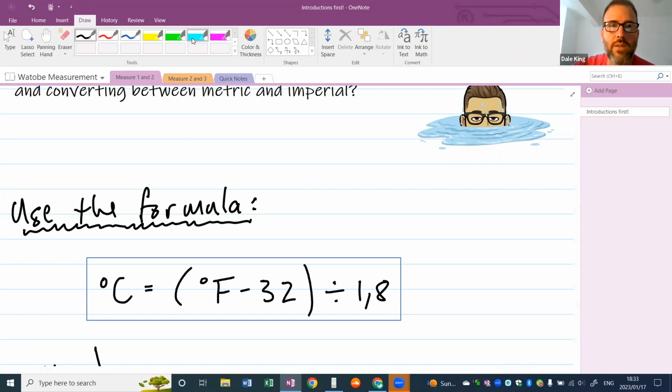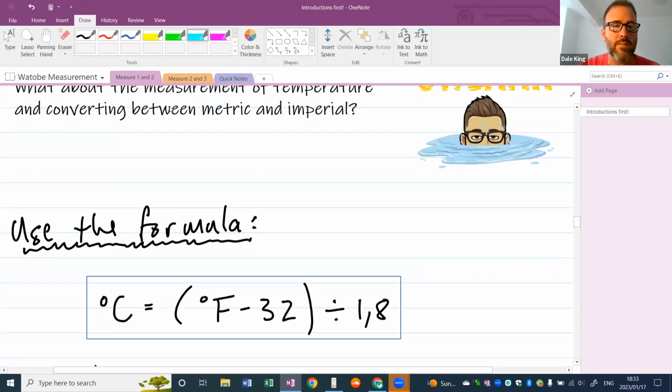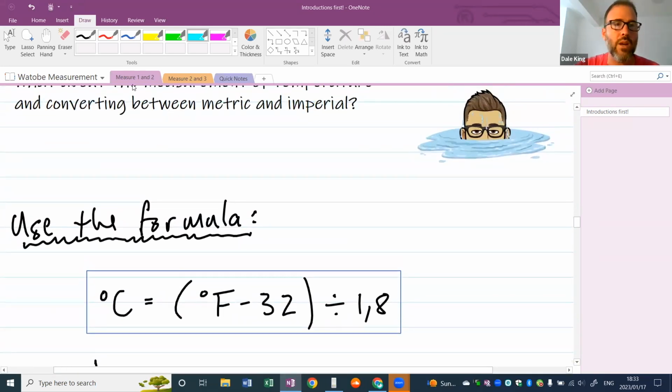So if you get given this formula, there is a clue here on what they're asking. Over here we have degrees Celsius on the left hand side. That's going to be where our answer comes out. So our solution is going to be in degrees Celsius. But to get to the degrees Celsius, we need to put in Fahrenheit. And where do we put the value for Fahrenheit in?